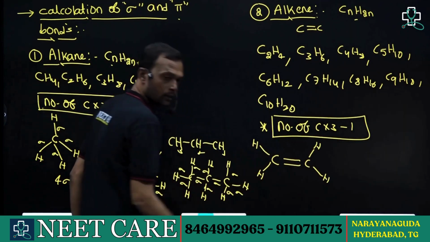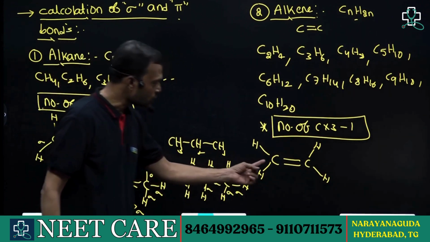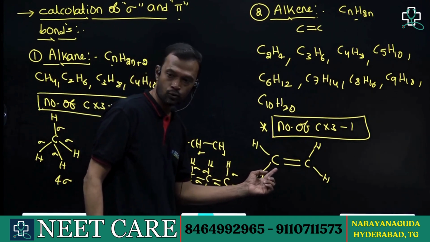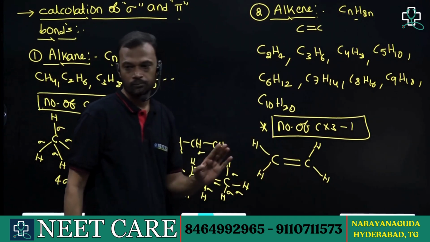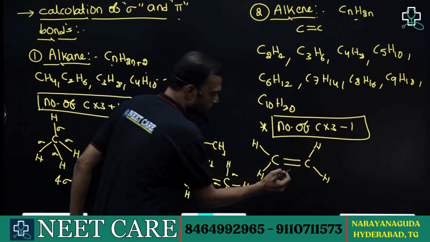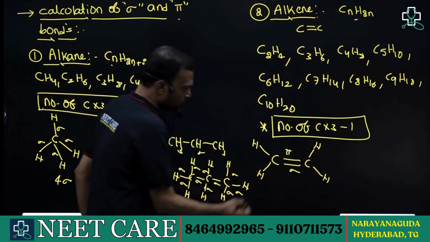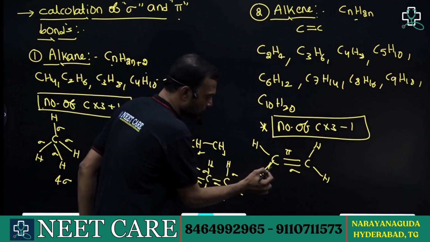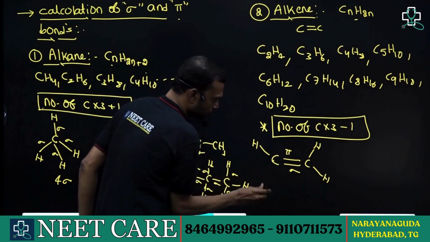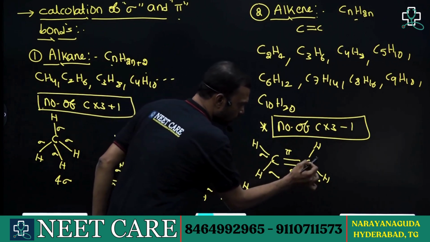So how many bonds are total? Around this carbon how many bonds are there? 4. Here also 4. Now see, when two atoms develop a double bond, one will be sigma, the other will be pi, and between these two only one bond is there, that bond becomes sigma.